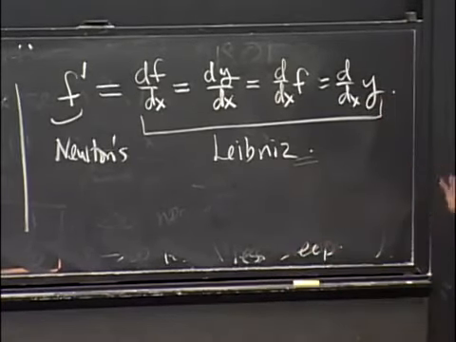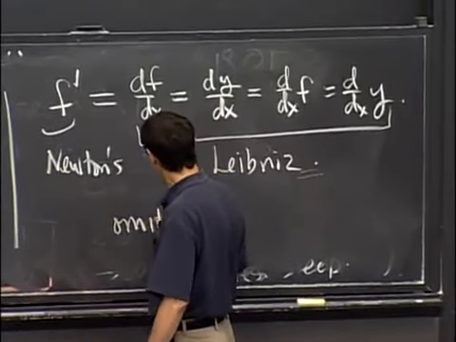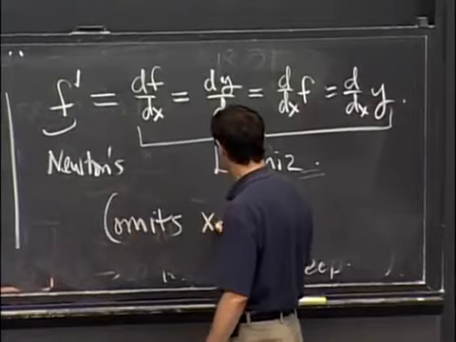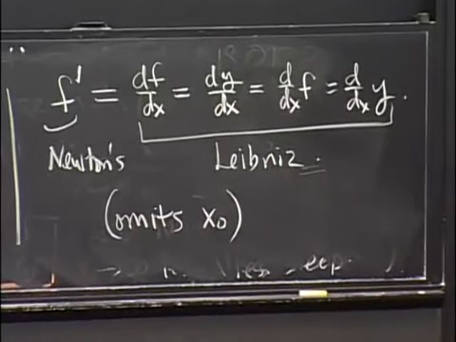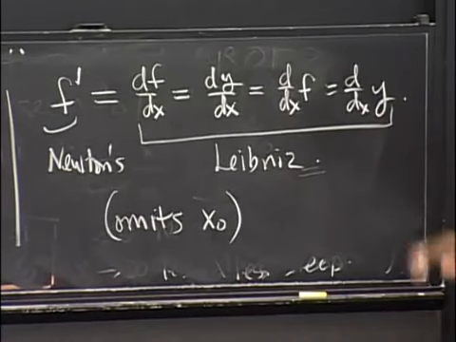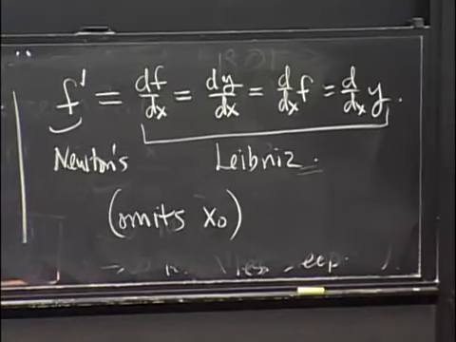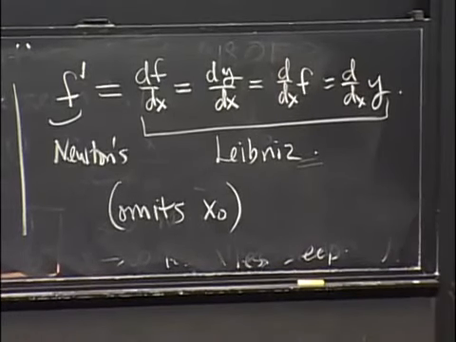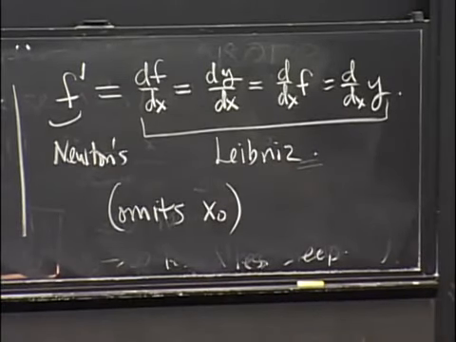They both turn out to be extremely useful. Notice that this one omits the underlying base point, x0. That's one of the nuisances. It doesn't give you all the information, but there are lots of situations like that where people leave out some of the important information. You have to fill it in from context. So that's another couple of notations.